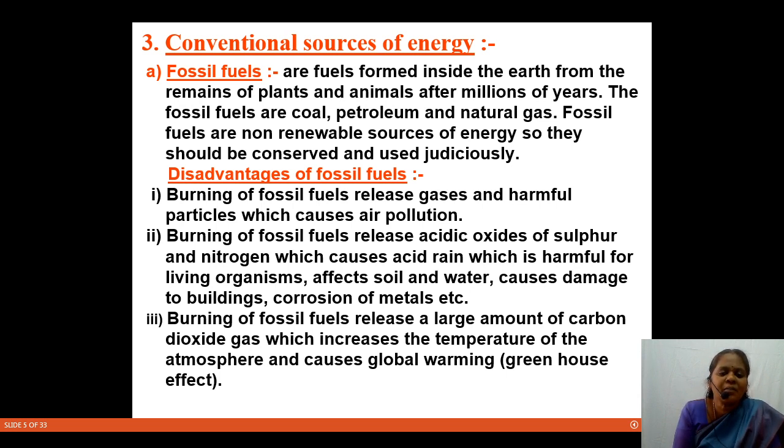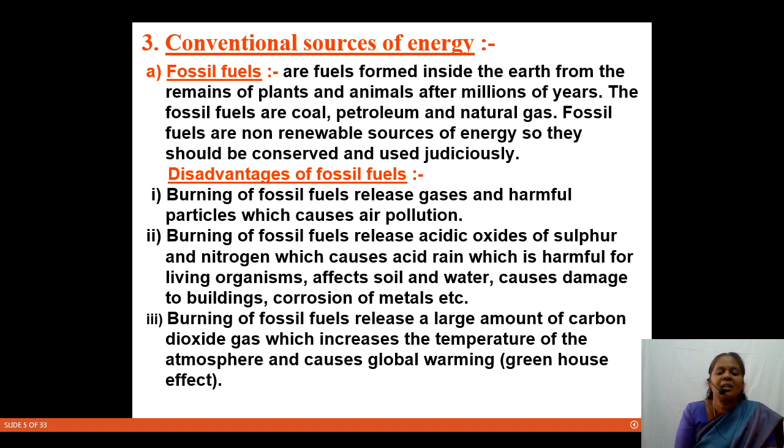What is the use of fossil fuels? We can see it in our daily life. Petrol we use everywhere for transport. Natural gas also we use. Coal we use for generating electricity in thermal power plants. So there are advantages, but at the same time there are a lot of disadvantages from fossil fuels.